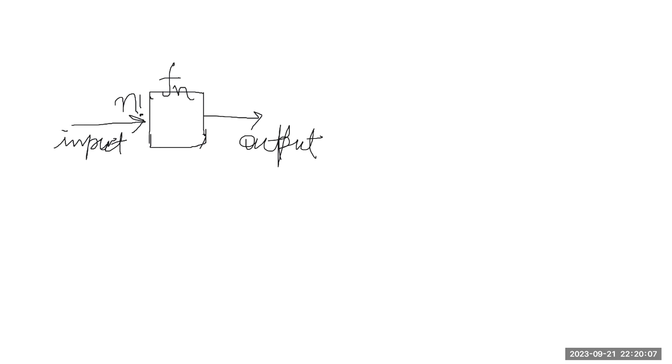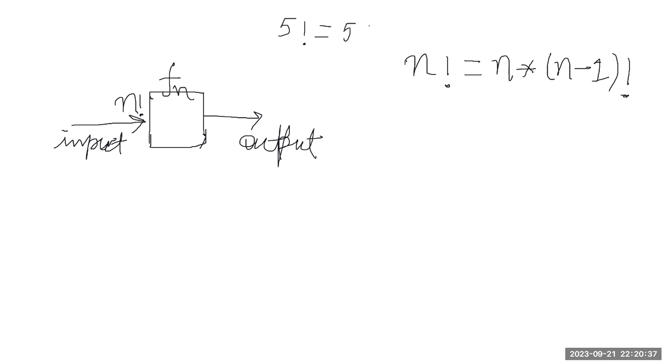Now see, when this function will start performing my operation n factorial, this n factorial is basically n multiplied by n minus 1 factorial. Do you understand this? If I ask you to calculate 5 factorial, this is basically 5 into 4 factorial.